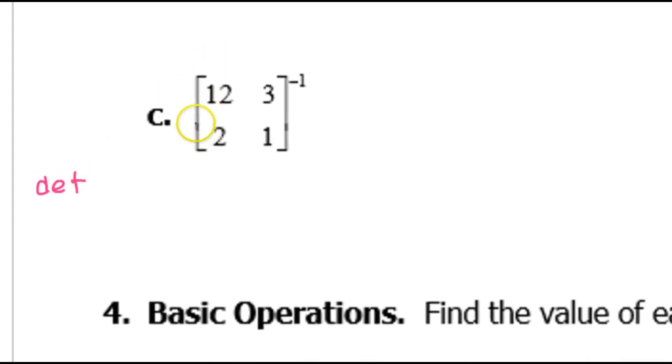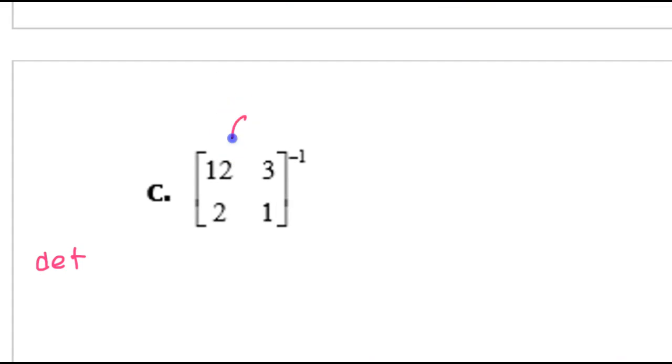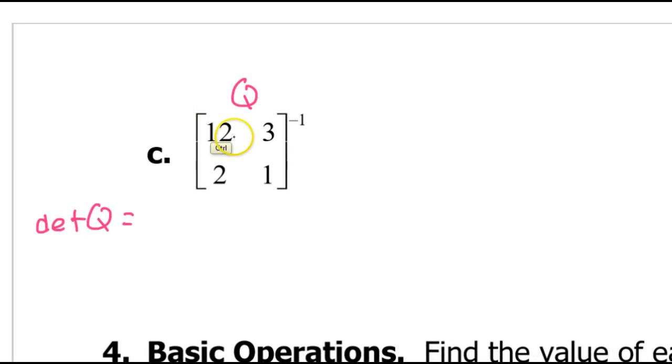Okay, I'm going to call this matrix Q, just for fun. So now I'm going to find the determinant of matrix Q. So that's down diagonal minus up diagonal, so that's going to be 12 minus 6. Okay, so the determinant of matrix Q is 6.